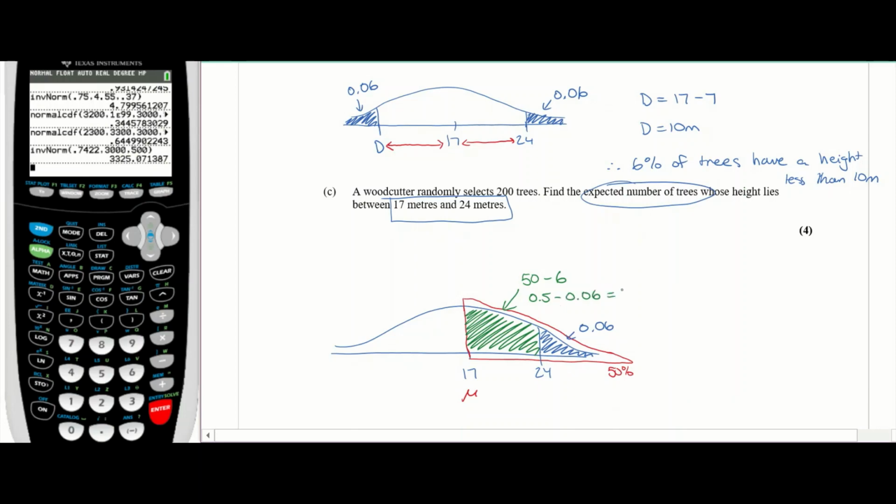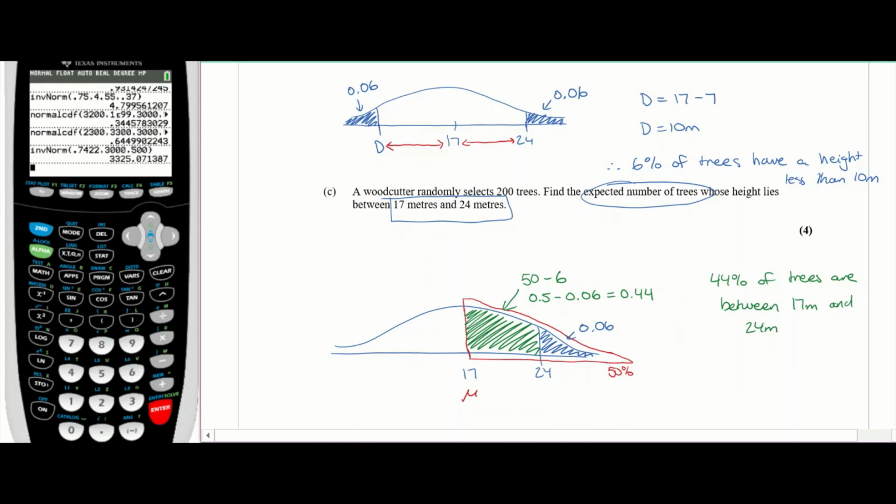And that's going to leave us with 44% of the data in between 17 and 24. So again, not using a calculator really, but using the properties of the distribution. So notice that 44% of trees are between 17 meters and 24 meters.